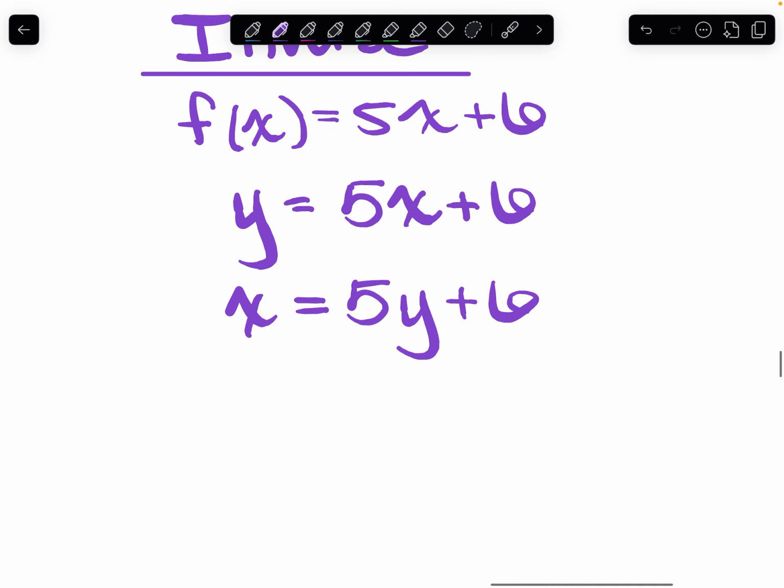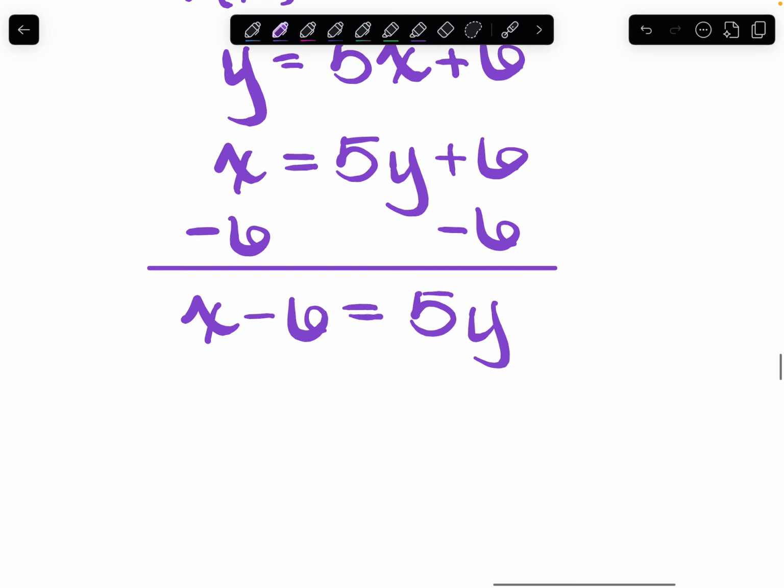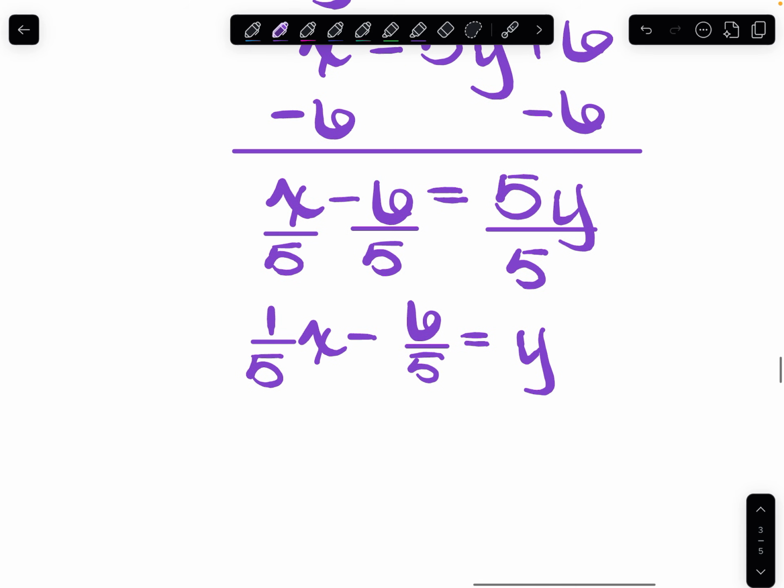So I'm going to move my 6. Divide by 5 or multiply by 1/5. I'll divide this time. I'm going to divide by 5. Remember, you're dividing on both of them. So I'm going to rewrite that as 1/5 x minus 6/5 equals y, and then relabel fancy.